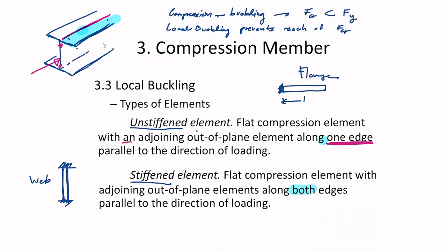So this becomes the b, and that is the thickness t. So the slenderness ratio is b over t. And likewise here, b and t, we consider the b over t ratio here and compare it with the limiting value.